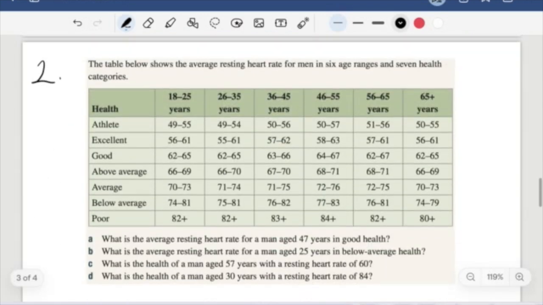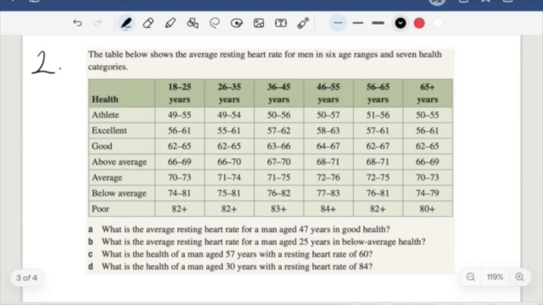Another part of this video and topic chapter in your textbook will be to look at the average resting heart rate. This is the heart rate when you are resting, when you're not doing anything. And we have to interpret this type of data. Here there's a table which looks at, first of all, the health of certain individuals.